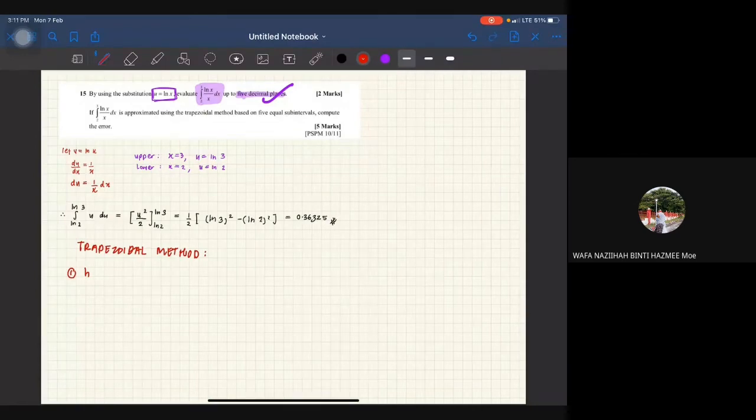Macam mana kita nak cari lebar dia? So lebar tu adalah, dia mesti sama. So each trapezium, dia ada nilai lebar yang sama. So how are we going to find it is, dia actually macam kita nak cari average je. Okay, so maksudnya nilai paling besar, tolak nilai paling kecil, bahagi dengan total. I think it's not average.